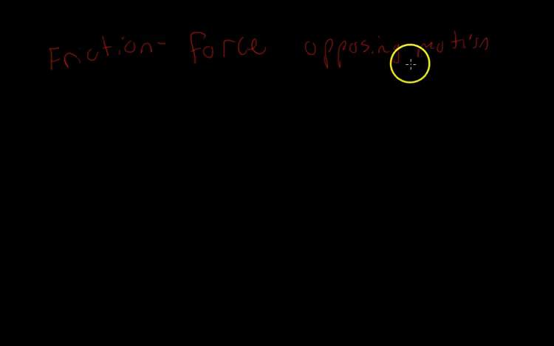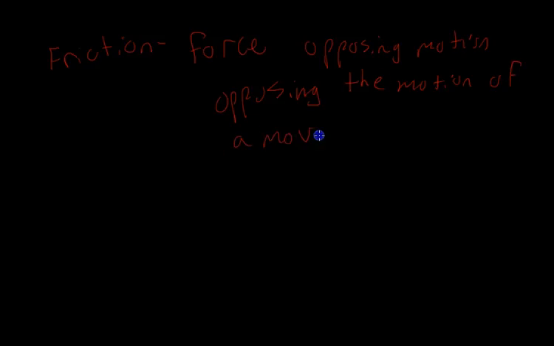Okay, what is the cause of friction and what direction does it act with respect to the motion of a sliding object? So friction, we've talked about before. Friction is basically a force. Friction is a force opposing the motion of a moving object.